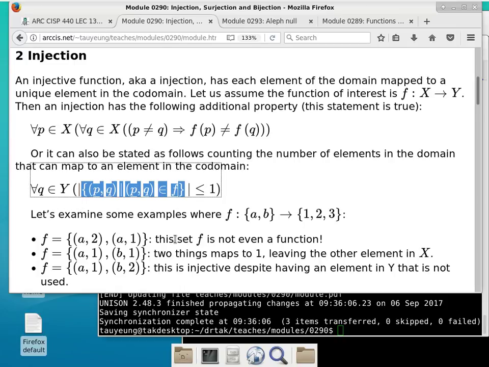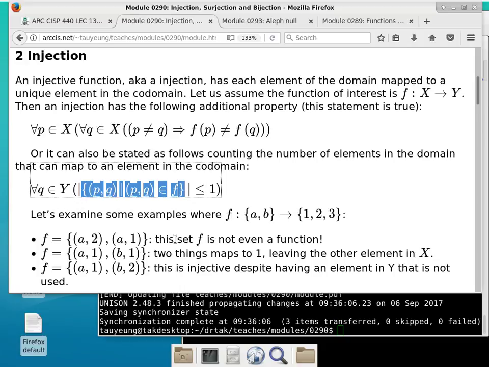For cardinality to be 0, it has to be an empty set. Well, if you look at this one, because our codomain is 1, 2, 3, right? So when Q is bound to a 2, then the cardinality of this set would be 0, because nothing in F ends with 2 or 3.